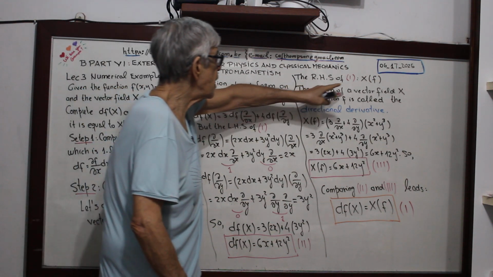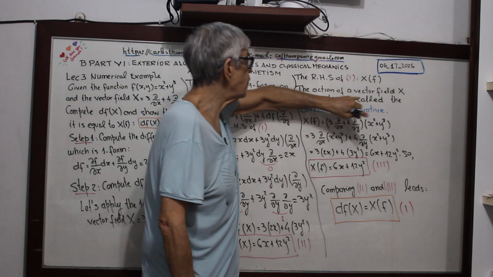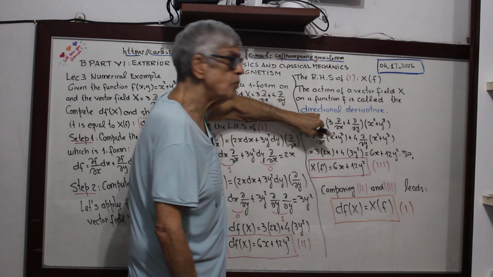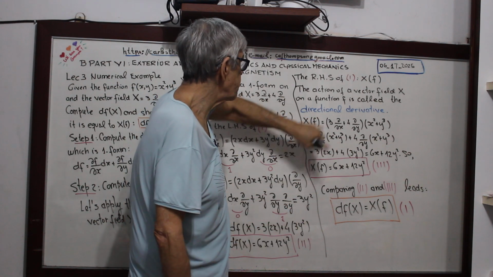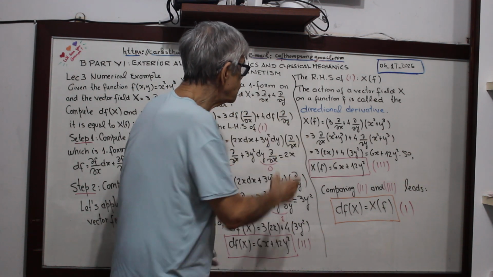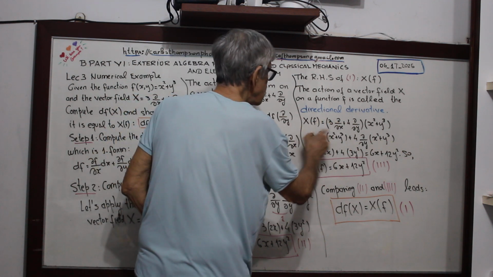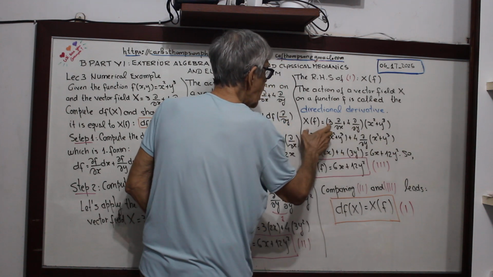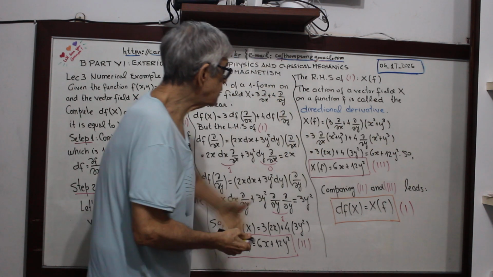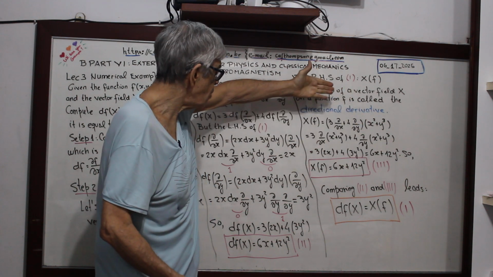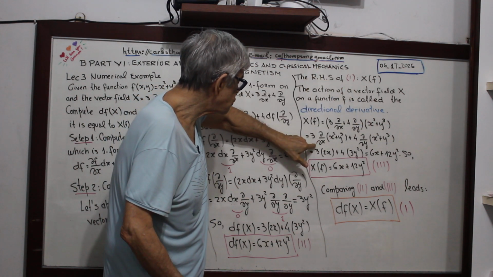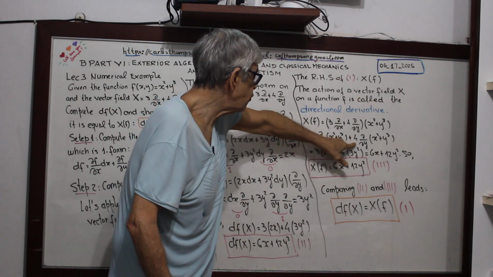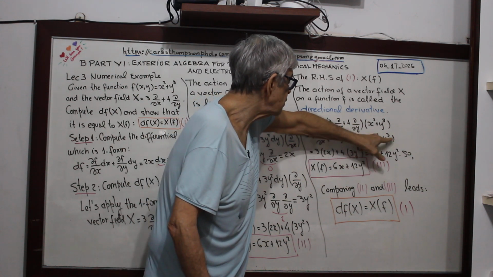X applied to f. The action of a vector X on a function f is called the directional derivative, by definition. So for X applied to f, this X is given, and f is also given. So I just substitute here and take the partial derivative. It's quite easy. 3 partial with respect to x of x squared plus y cubed, plus 4 partial with respect to y of x squared plus y cubed.